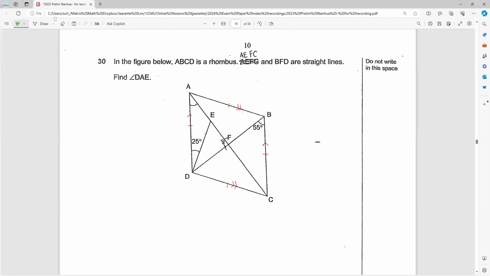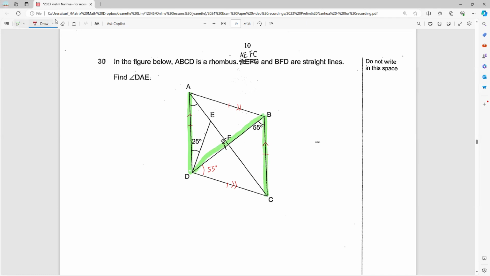Okay, if you look at this, this angle here is also 55 degrees, right? Then you have this, a line cutting through.